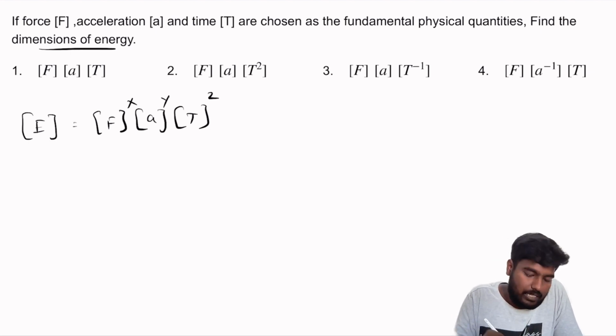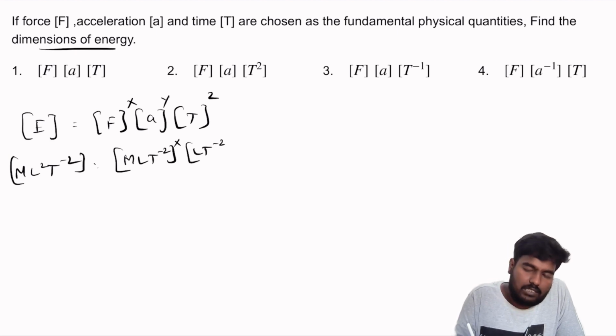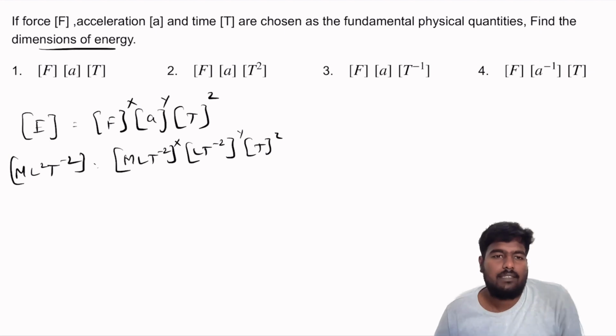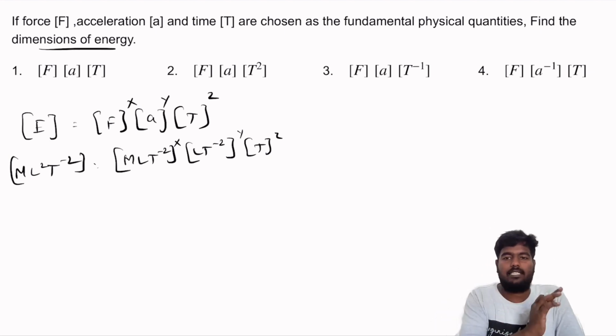We know that energy is M L square T power minus 2. Force is M L T power minus 2, acceleration is L T power minus 2, and time is just T. So what you have to do is equate all the M powers on this side, all the L powers on this side, all the T powers on this side.